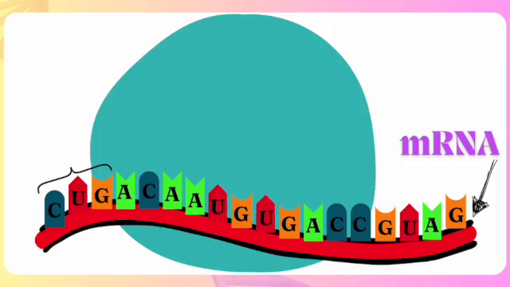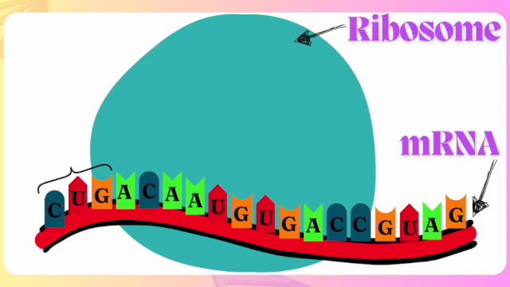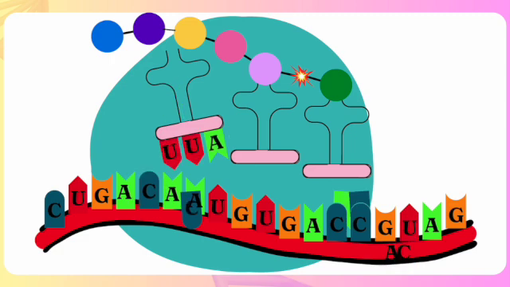So your ribosome reads the mRNA sequence three bases at a time. These groups of three bases are called codons, where your ribosome will read each codon, and each one of these codes for a specific amino acid. Then tRNA, transfer RNA, is like a delivery truck.